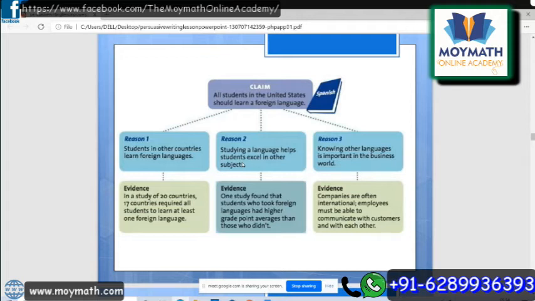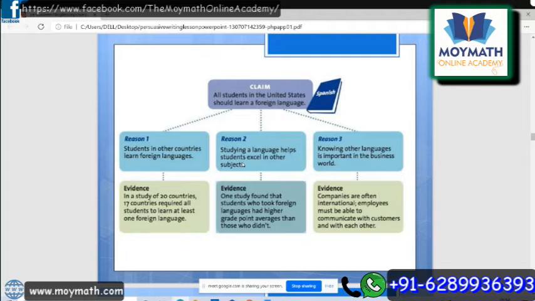Okay. And the evidence is, one study found. So you can write that also. One study, in the latest research. All those phrases can be used. One study found that students who took foreign languages had higher grade point averages than those who did not. You are supporting your claim.